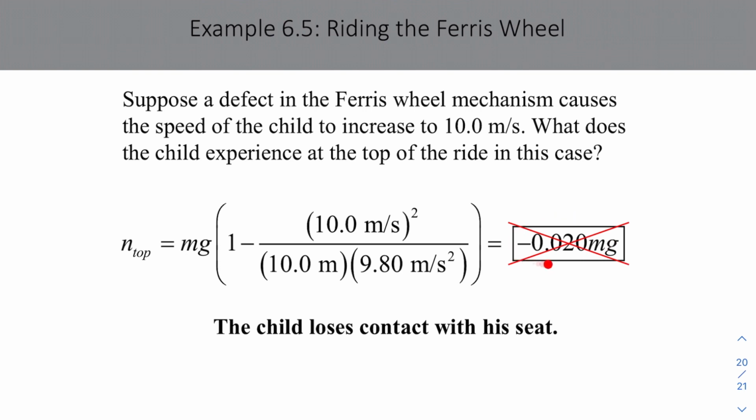What does that mean? This is impossible. It means that the child is going to lose contact with the seat, fly away, be thrown away. An accident happens. That is the meaning of this value.